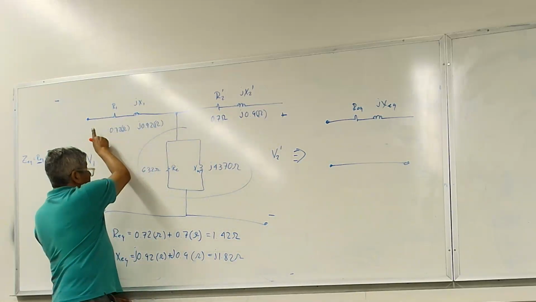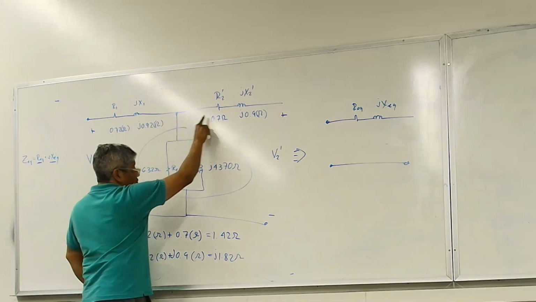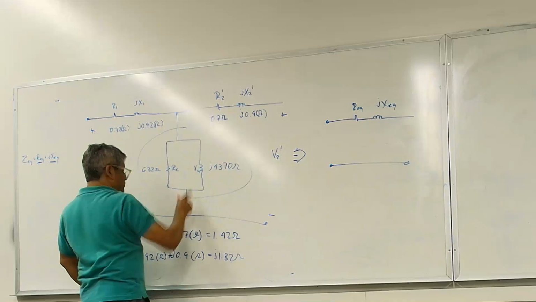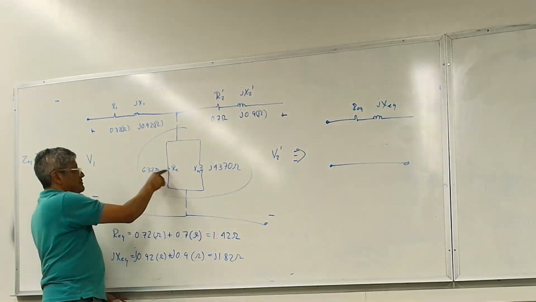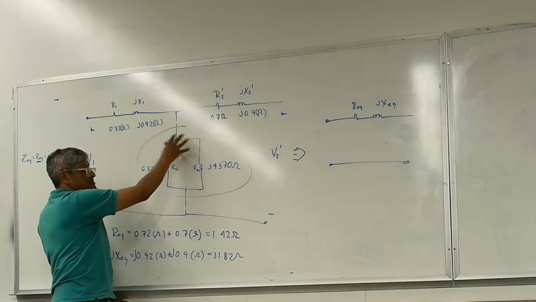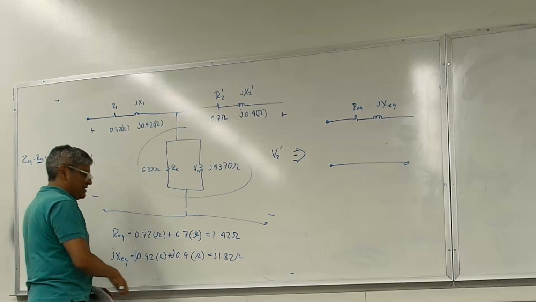But once again, let me just repeat this. I1, hopefully it will go straight through this branch and very little will be here so that we can neglect this. As I said, you can look at the numbers, very high. So this is an open circuit for practical purposes, right? That's why it behaves like that.